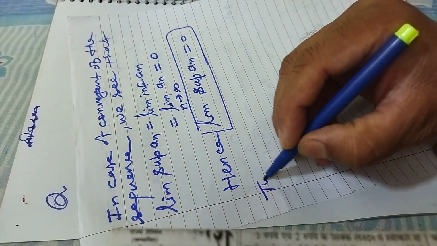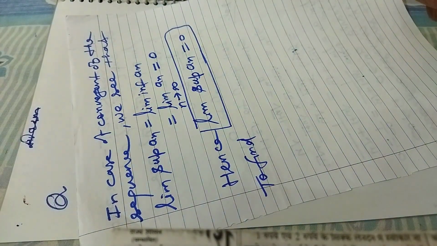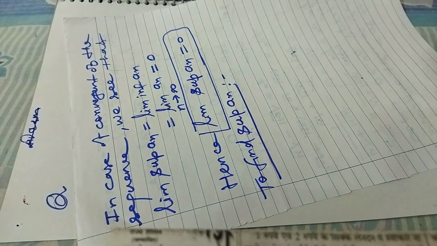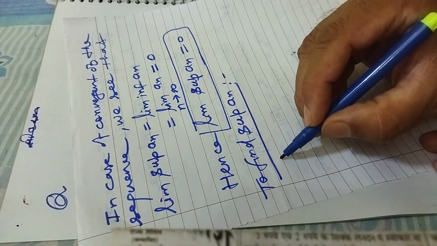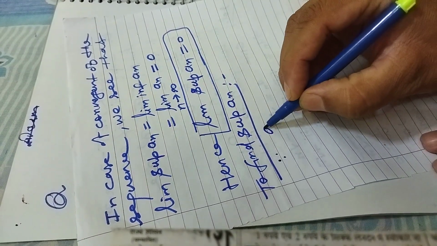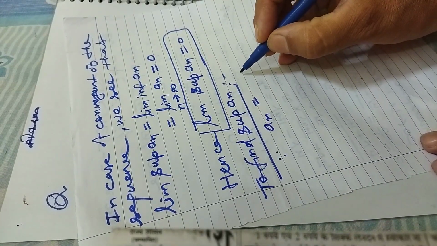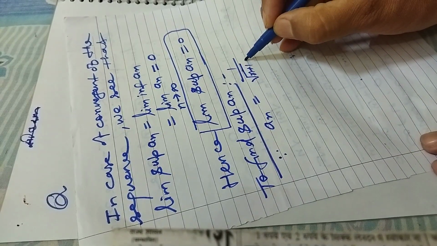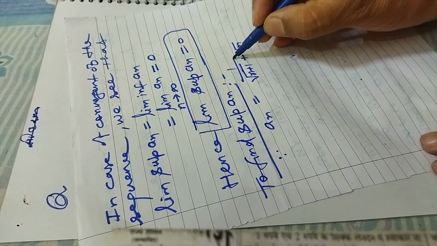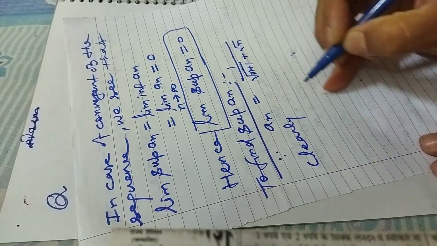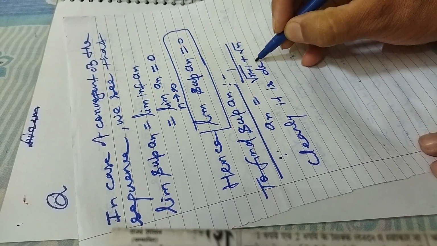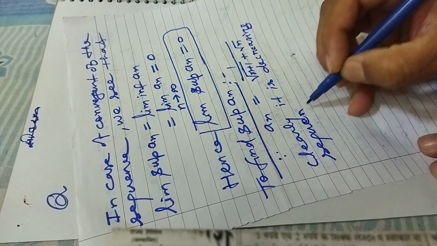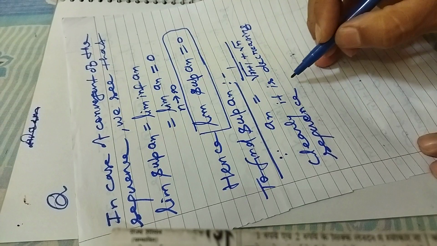Now, to find the supremum of an: since an, as we obtained there, is 1 upon root n plus 1 plus root n, clearly it is a decreasing sequence. Alright, it is a decreasing sequence.